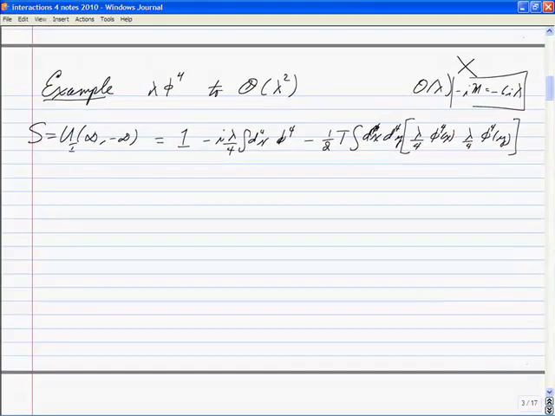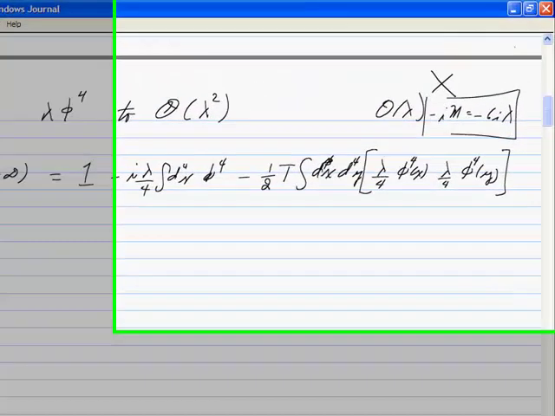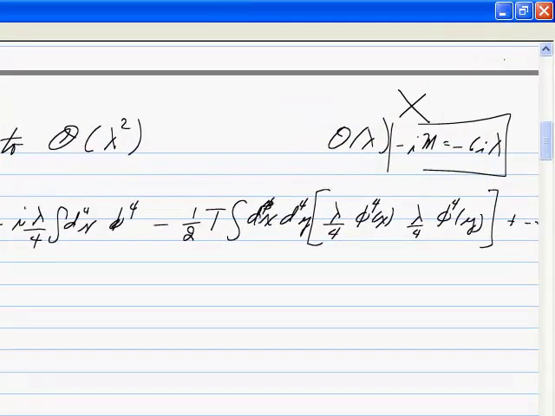So at second order, at order lambda squared, plus dot dot dot, we're interested in taking matrix elements of it.